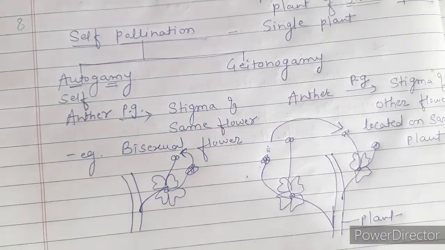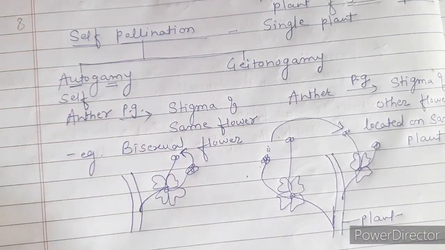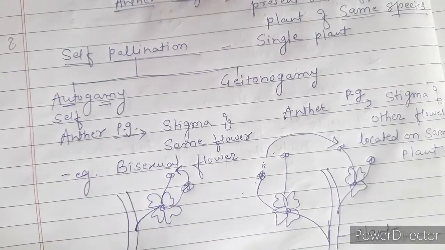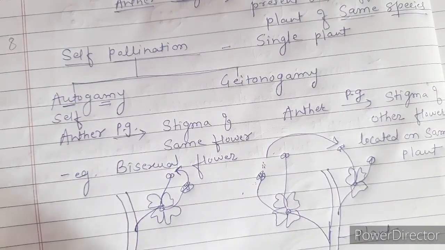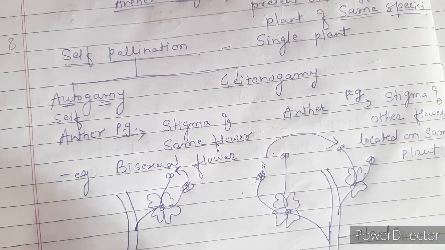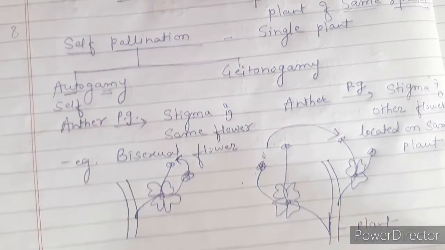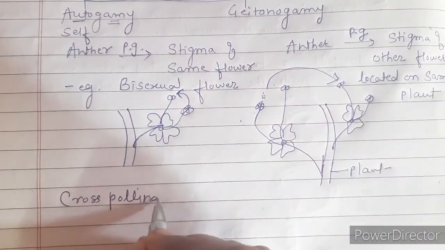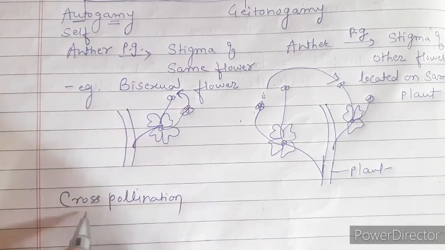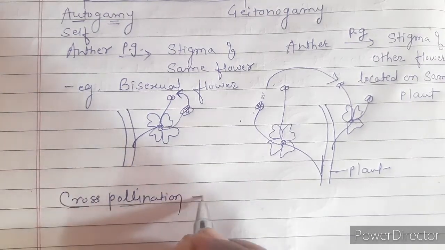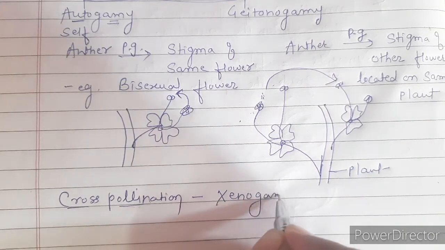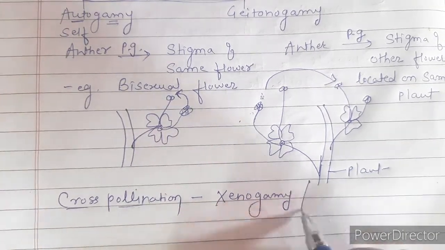But now, in cross-pollination, again we can draw the diagram like this. See here, cross-pollination is also known as xenogamy or outbreeding.